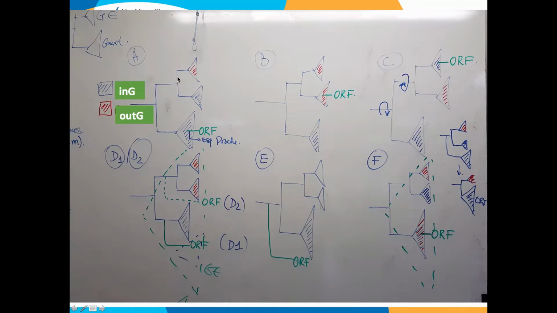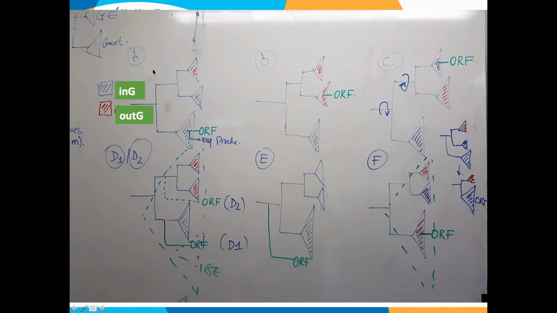In case A, every time the blue should be your in group, and the red should be the out group, in which the sequences from the out group are. So in case A, this is my topology. My out group is here. I have one monophyletic group here, and another monophyletic group here.